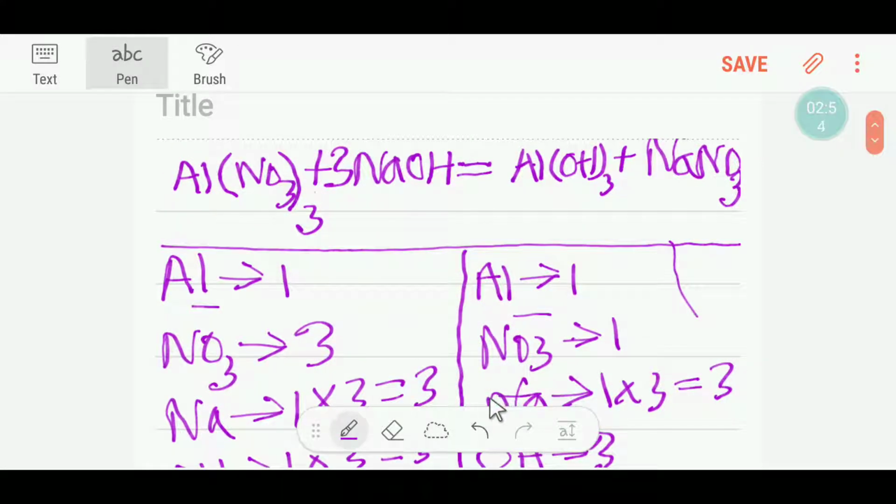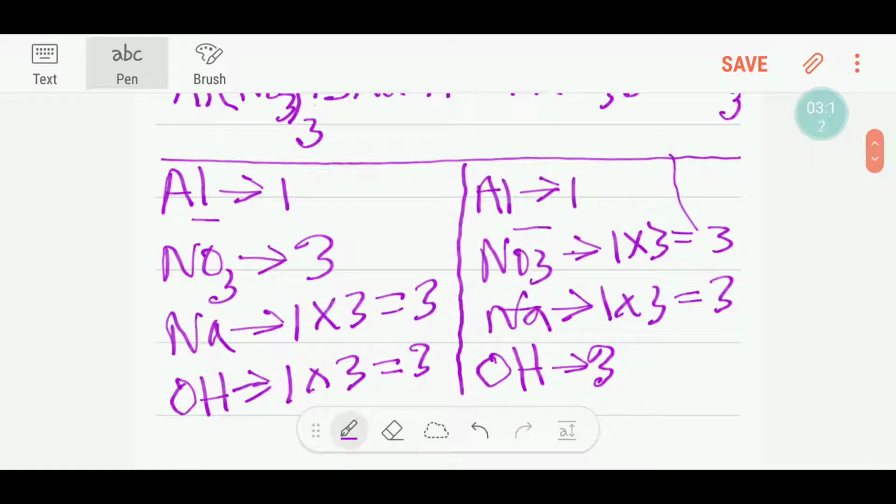If I multiply here by 3, then these 3 will come before this sodium. So this sodium means here, right? So I have to put here 3, right? If I put here 3, then my number of nitrate group will be changed. That is, I will get 3 nitrate group, right? So 3. Now I will see the number of each atom.